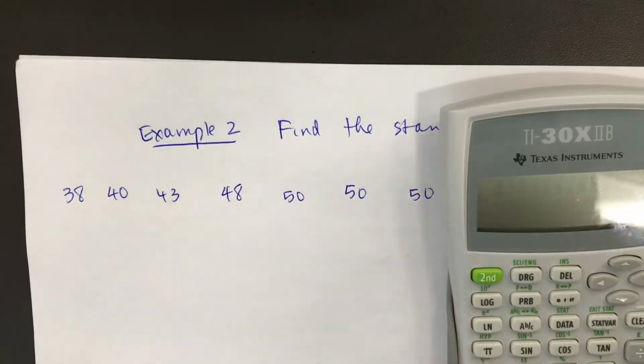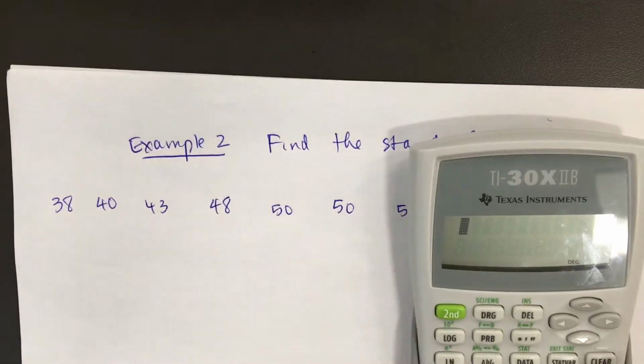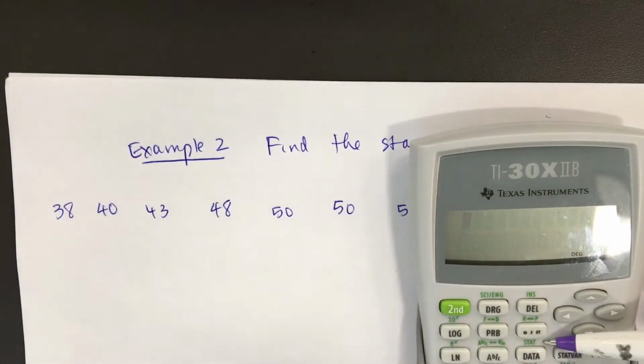My calculator will do the standard deviation. You have to put it in statistics mode for that. On the calculator, right above the data key, you see STAT. That's statistics.